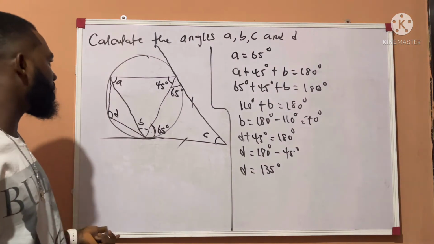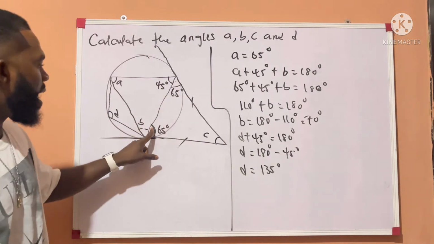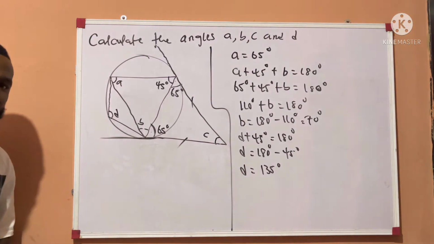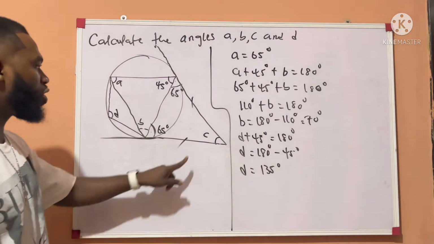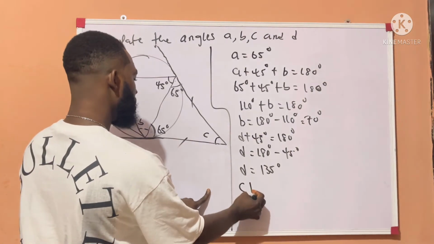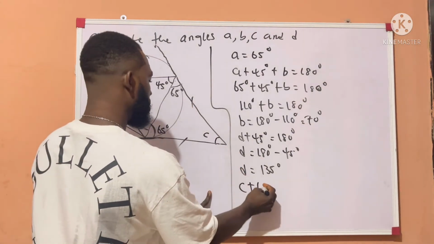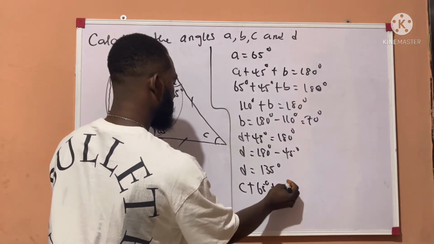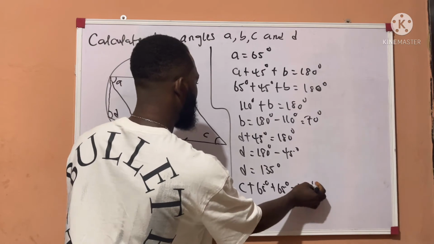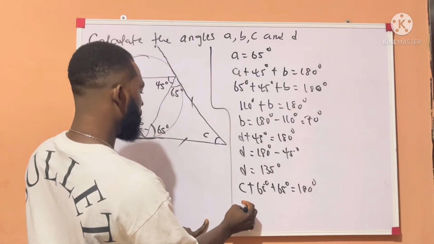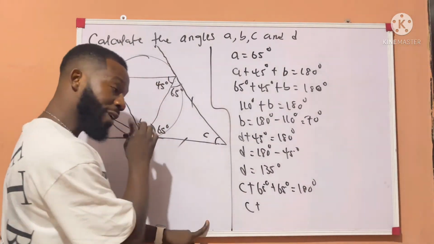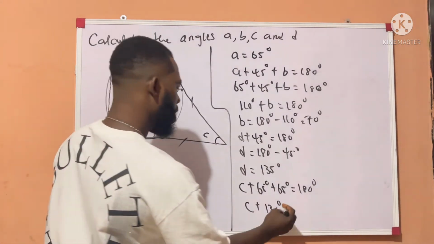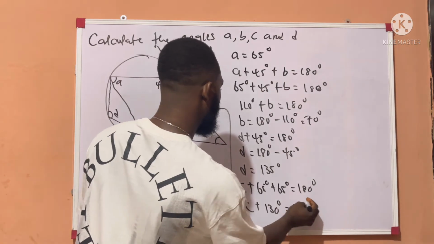Now without wasting time, if we have 65 and we have 65 and we have C, again the sum of angles in a triangle adds up to 180 degrees. So we have C plus 65 degrees plus 65 degrees is equal to 180 degrees. So here it becomes C plus 130 degrees is equal to 180 degrees.